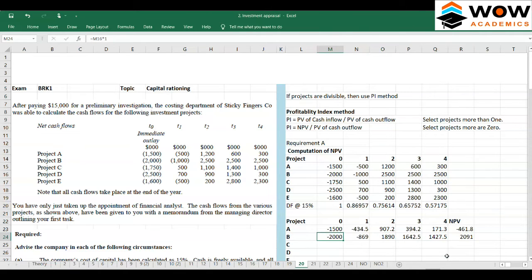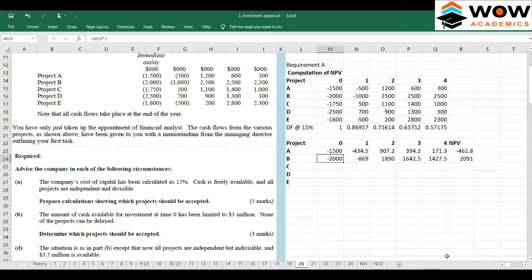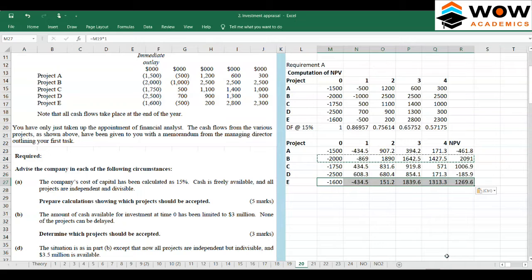Similarly, we can copy the entire formula and paste it for all the numbers. If you want to check, we'll check for E. This number is the multiplication of 1600 into 1, correct. This is 500 into 0.869, correct. We'll check this number, 2300 into 0.571, that's correct. Is it pulling the right numbers? It's correct.